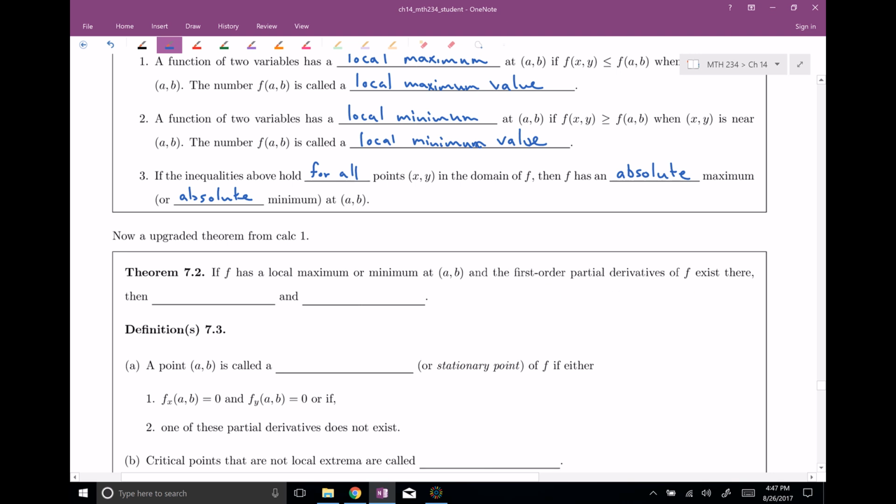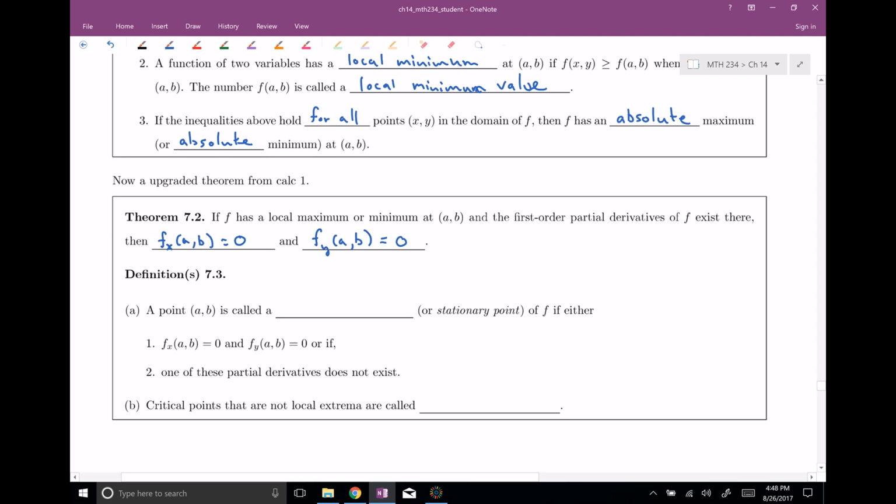So if it has a local maximum or minimum and the first order partial derivatives exist, then the claim is both of them are equal to 0 at this point. So the x partial derivative of f at the point is 0, and the y partial derivative at this point is equal to 0. This brings us back into our Calc 1 days of critical points.